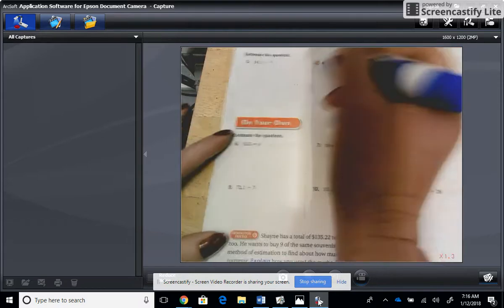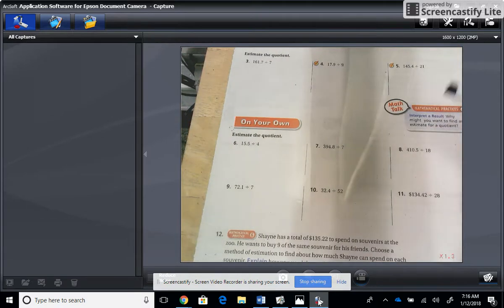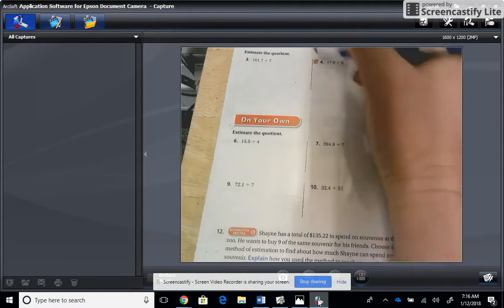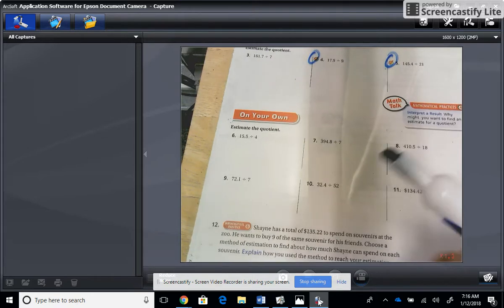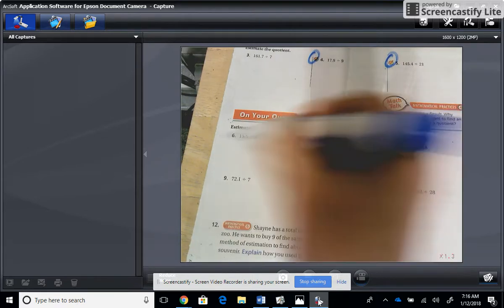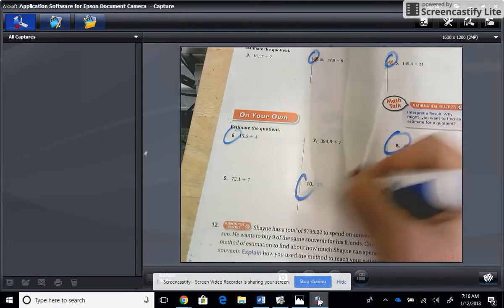Now we have some that we're going to work on our own. I want you and your partner to show me what you did, and rewrite it as an estimate. I would like you to do these two and then call me over and I want to see how it's going. Then I would like you to do the evens here.